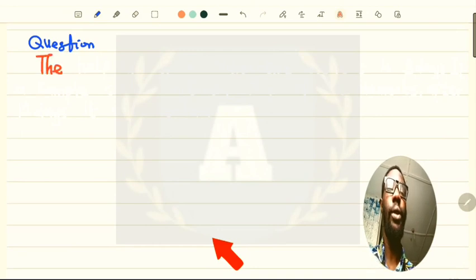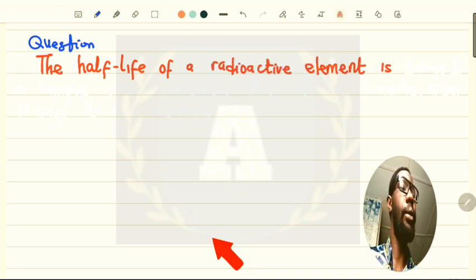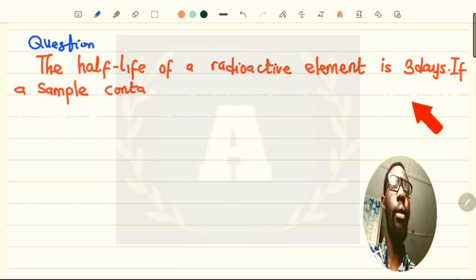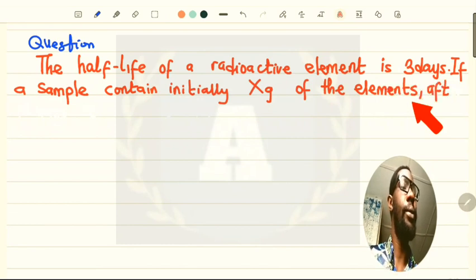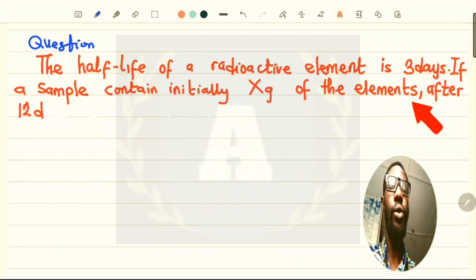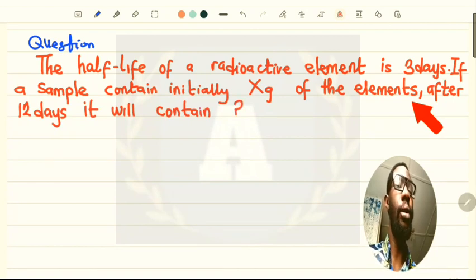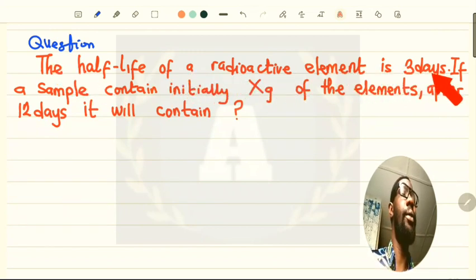The question says the half-life of a radioactive element is 3 days.